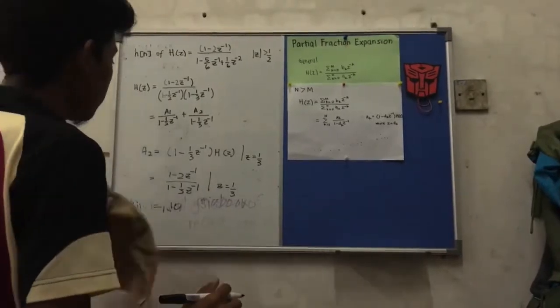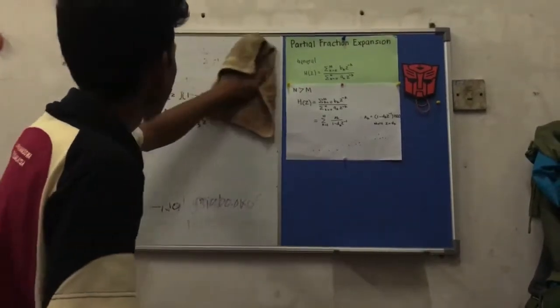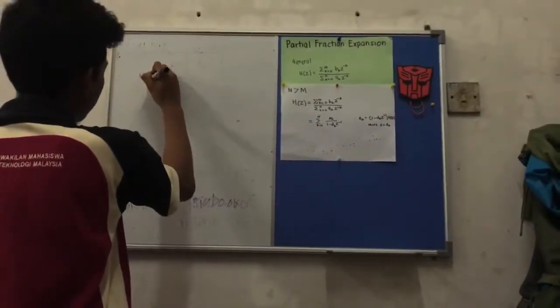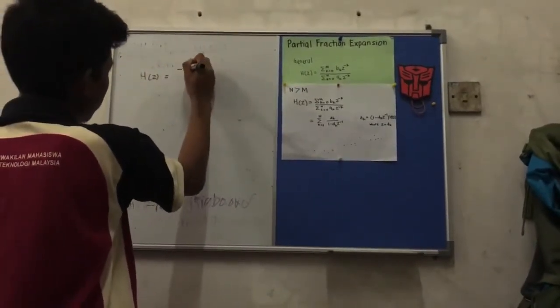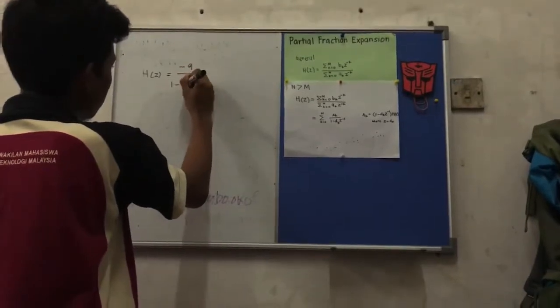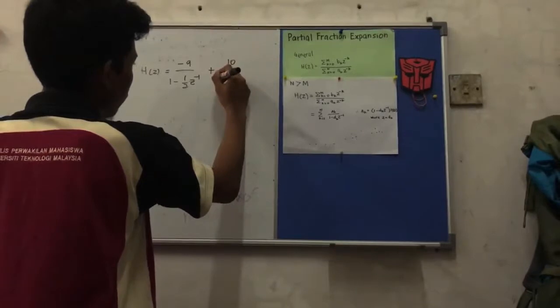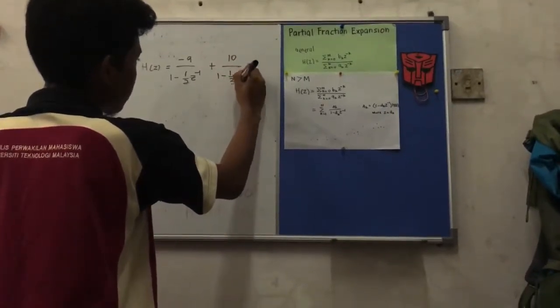So after all of this, we will get the answer of H(z) equal to negative 9 over (1 minus 1/2 z^(-1)) plus 10 over (1 minus 1/3 z^(-1)).